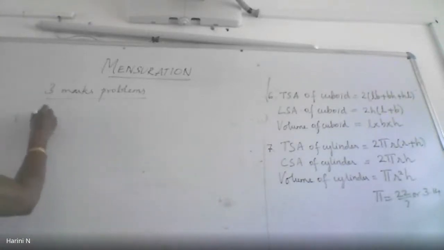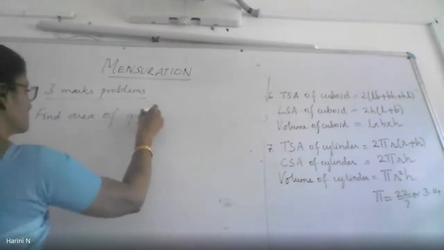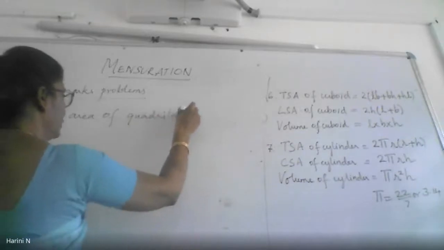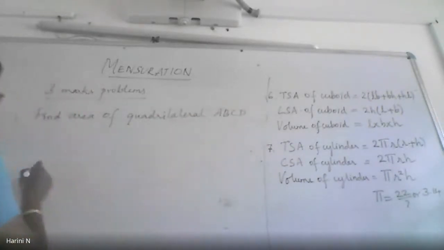Find the area of this quadrilateral, for which you have to know the formula, that's why I am telling you. Suppose ABCD is the given quadrilateral, it is given like this.